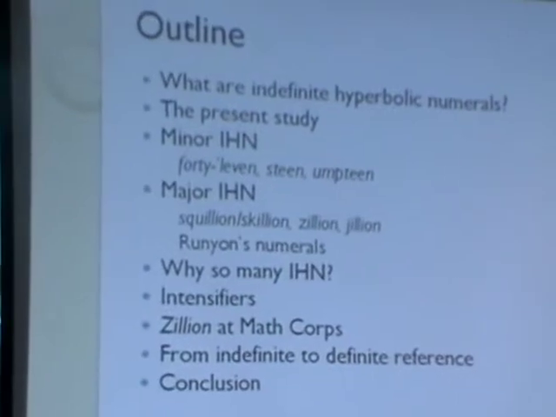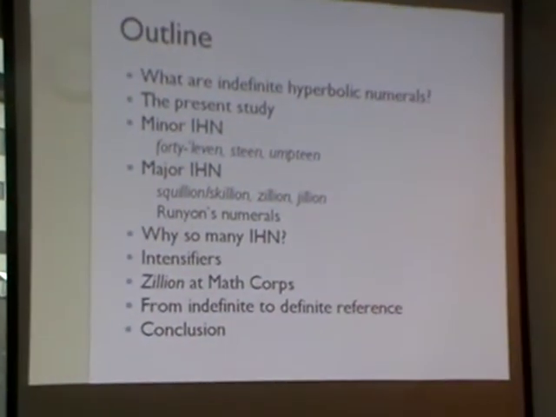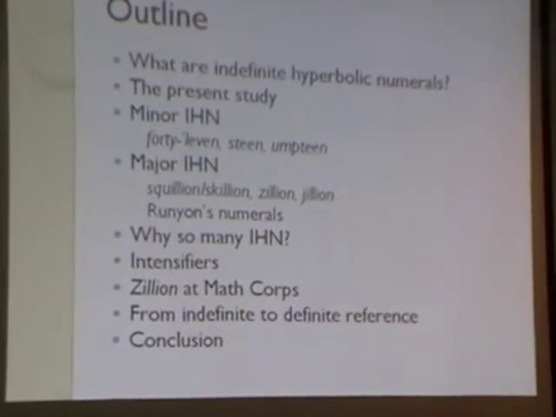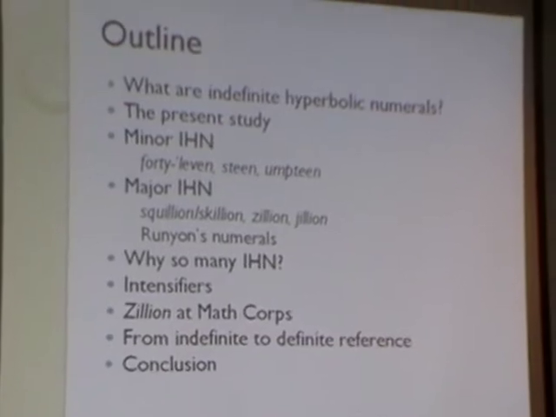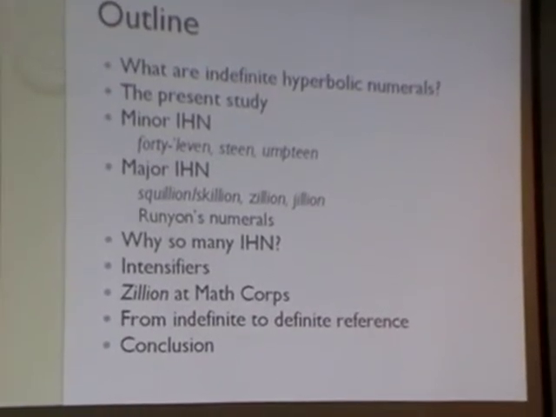So my goal today is to reflect on these two quotations through a detailed study of words of this form. My goal is to examine indefinite hyperbolic numerals, or IHN as I'll sometimes call them, which are basically words like zillion or jillion or umpteen, and examine them in a linguistic and historical context. After I outline some basic linguistic issues, I'll identify two different categories, minor and major.